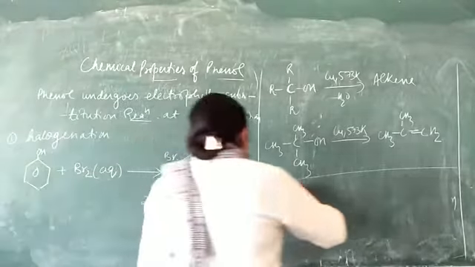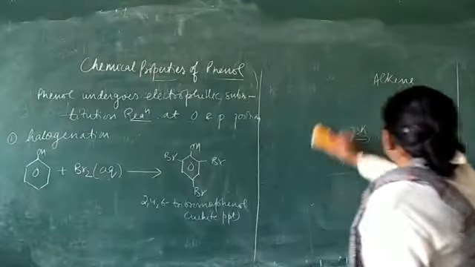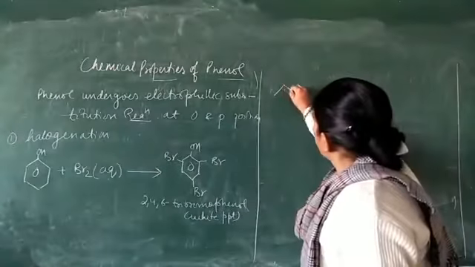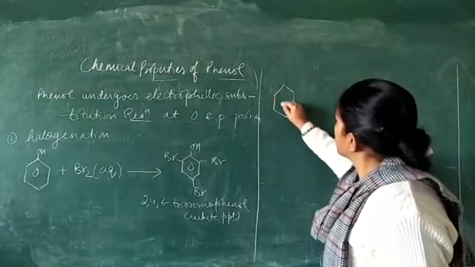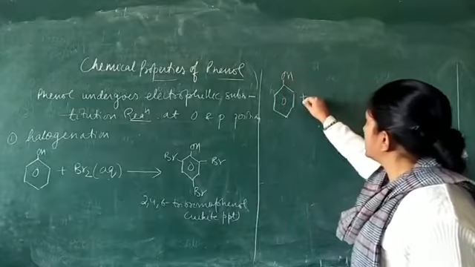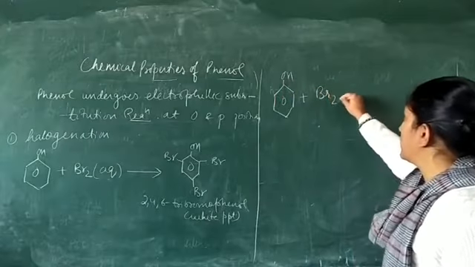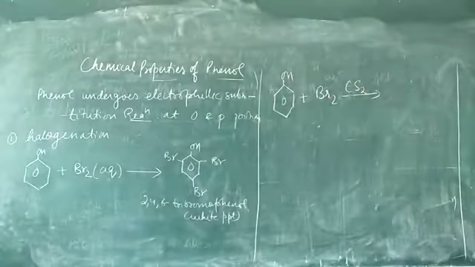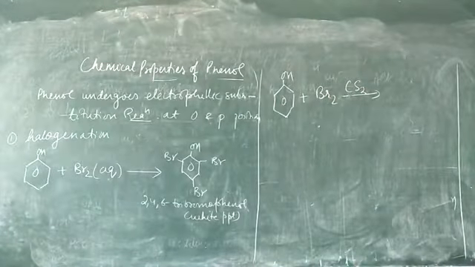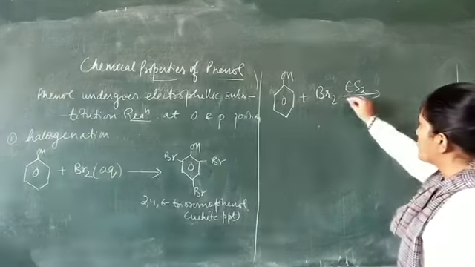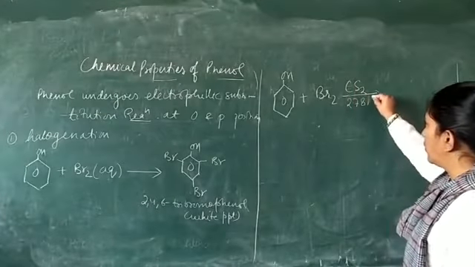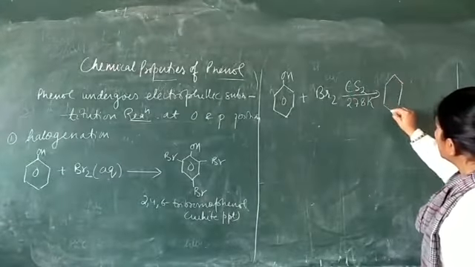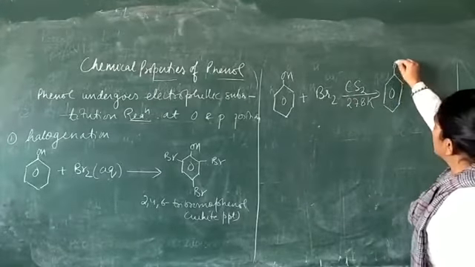Now, next, students, if we see another reaction here, this is phenol. Same, it is again reacting with bromine, but this time, students, we are not using a polar solvent, we are using a non-polar solvent, that is carbon disulfide, and temperature is also kept low. Here, students, we will get only mono-substituted product.